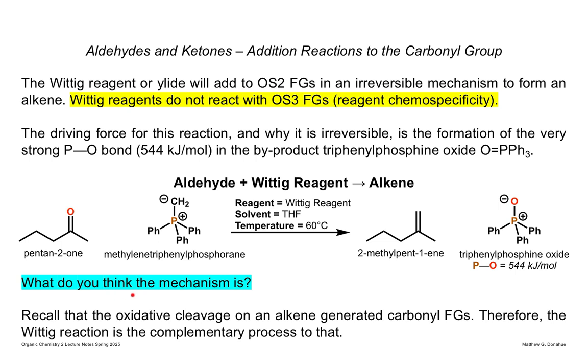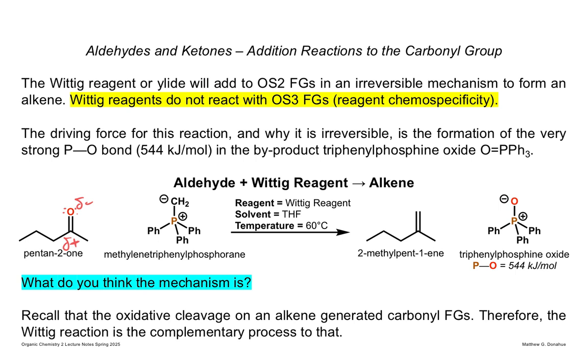So it says, can you think about the mechanism? We'll draw that on the next slide. But to kick us off, that's negative. The carbonyl carbon is delta positive, the carbonyl oxygen is delta minus.